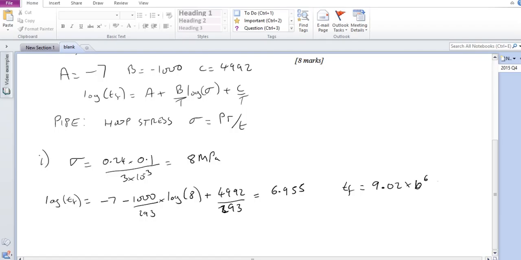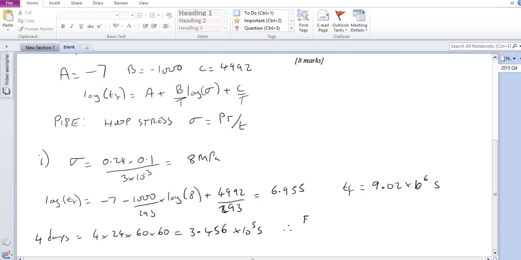to the 6 seconds. So what we then have is, this is for 4 days. So 4 days is equal to 4 times 24 times 60 times 60, which is 3.456 times 10 to the 5 seconds.